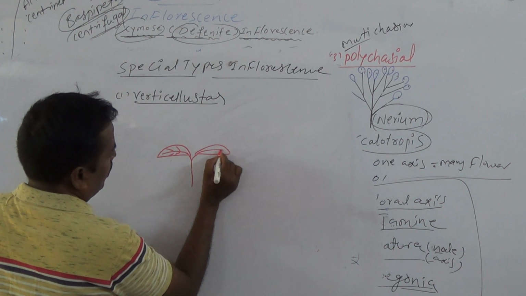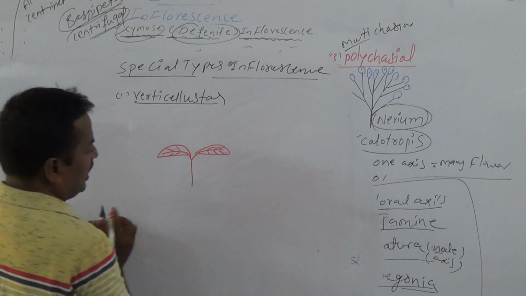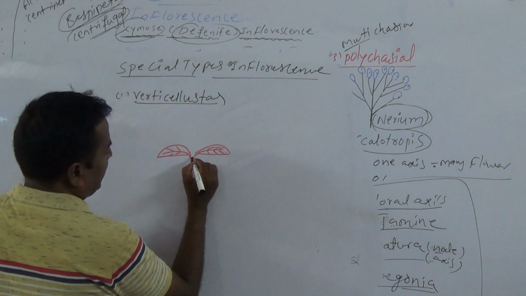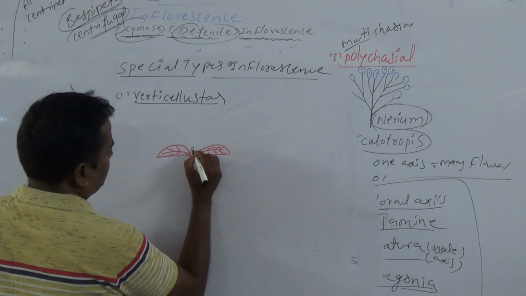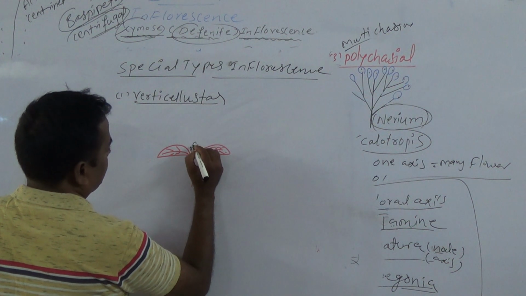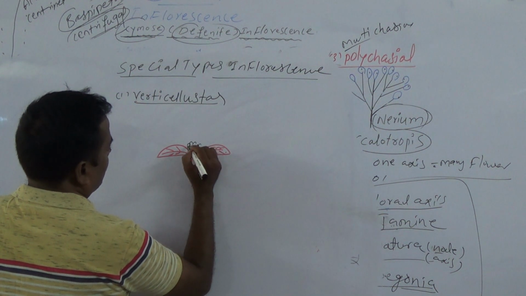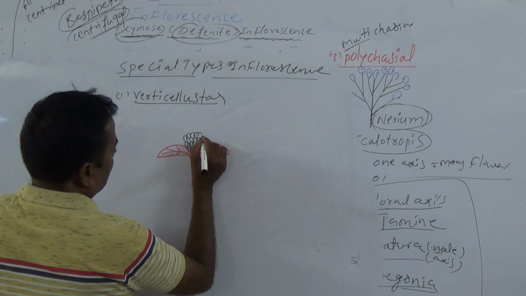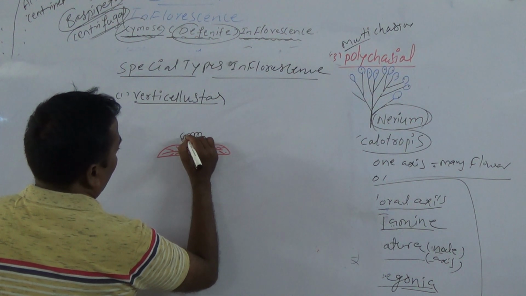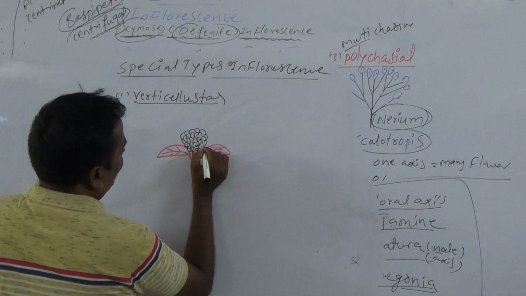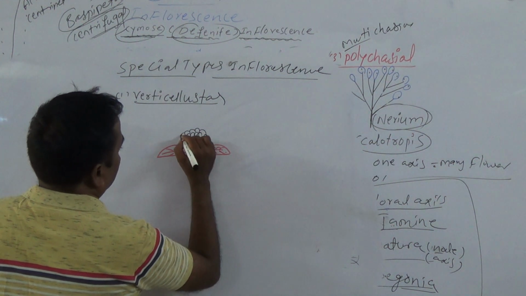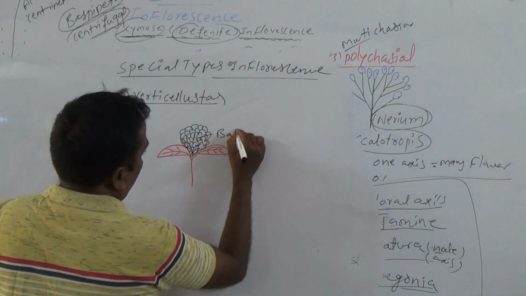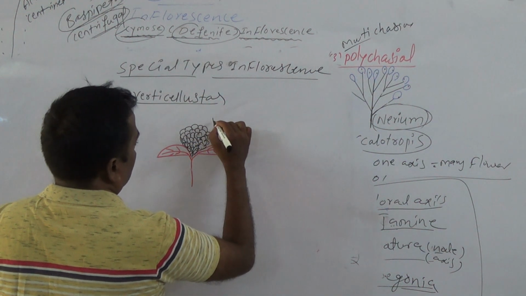The axil of the opposite leaf bears many flowers, and all flowers are arranged in a false whorl, like a ball. This is the ball. False whorl.